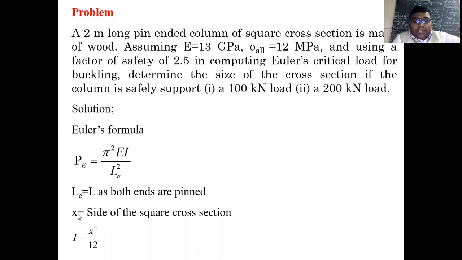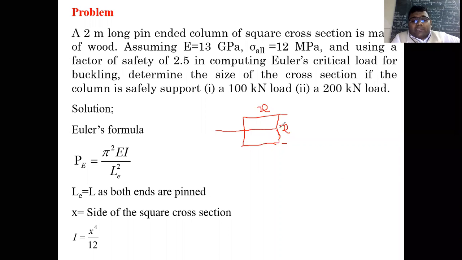So we assume that x is the side of the square cross section. Suppose this is a square, so this is x, and this is also x. This means the side of the square cross section is x. So what will be the moment of inertia?